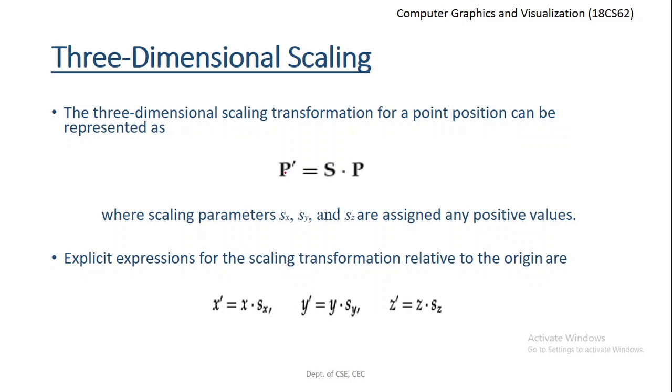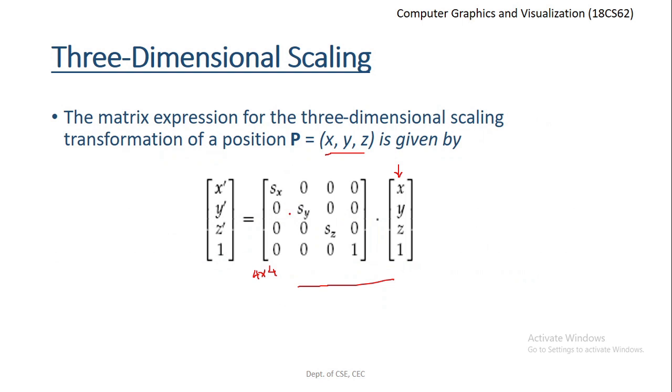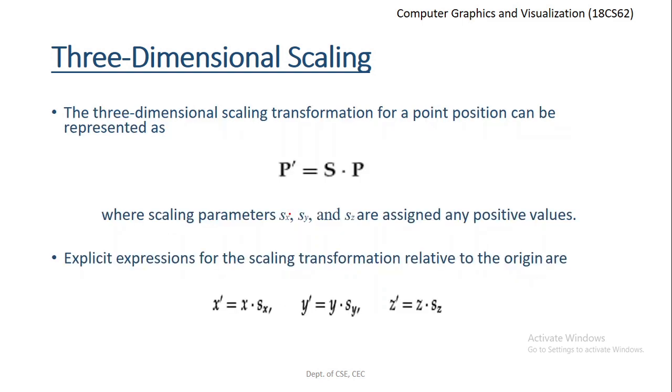The scaling parameters Sx, Sy, and Sz in the matrix can be assigned any positive values. Now the explicit expressions for the scaling transformation relative to the origin are: x dash is x into Sx, y dash is y into Sy, and z dash is z into Sz.